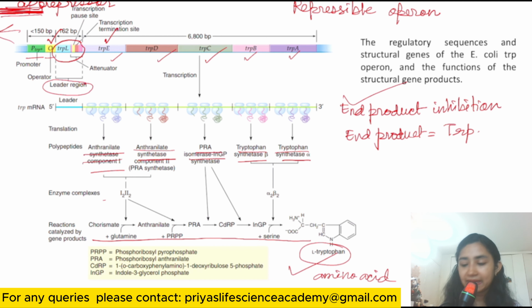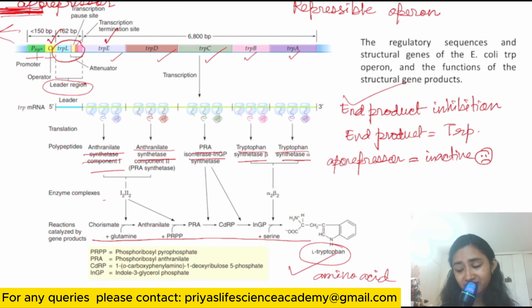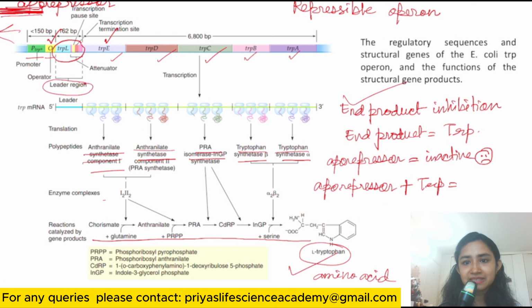But the Apo repressor is inactive. It can't bind on the operator and turn off the transcription. But whenever tryptophan is there, Apo repressor plus tryptophan produces the active repressor.